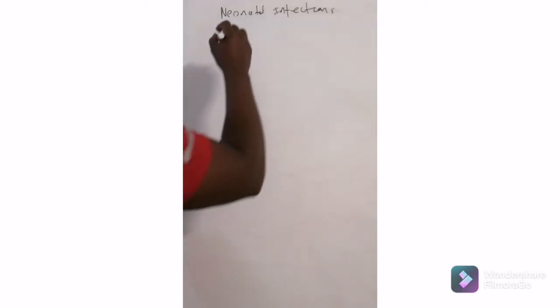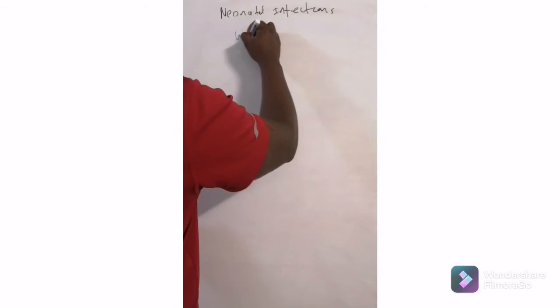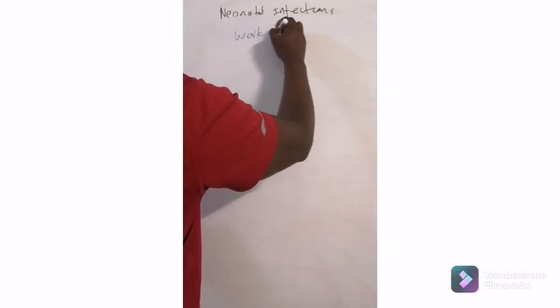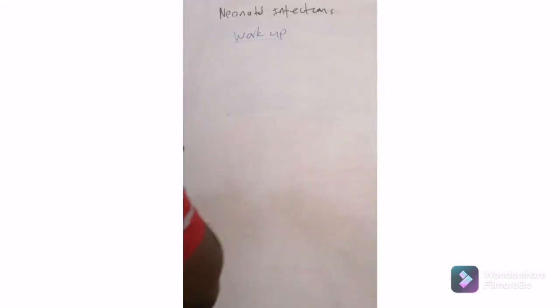Okay guys, so we did look at the general causes or the general pathogens that cause neonatal infections, late onset and early onset. Now let's look at specific infections. Before that, let's just do what is a workup for them, like investigations.